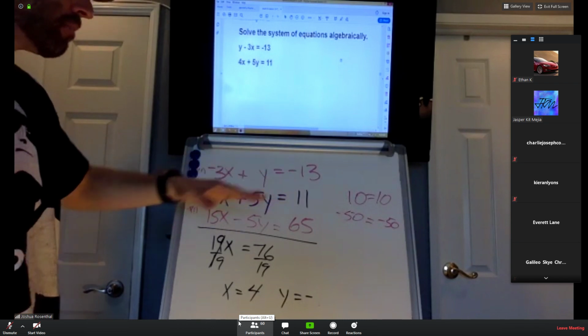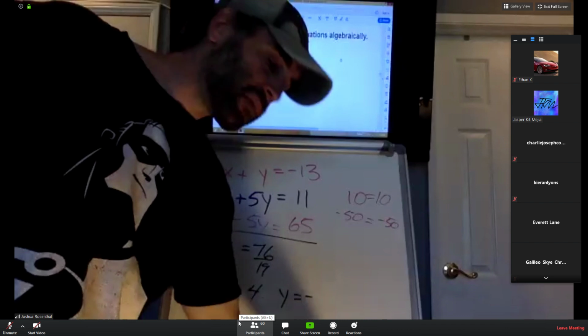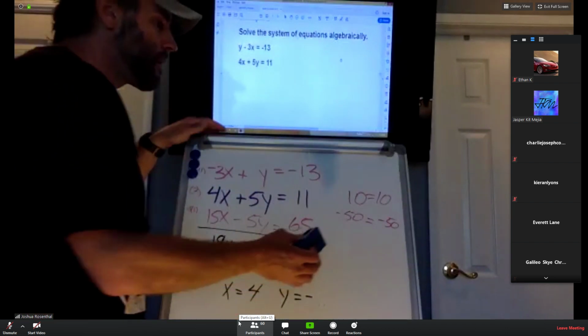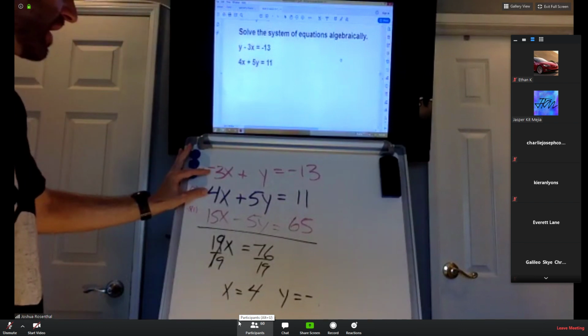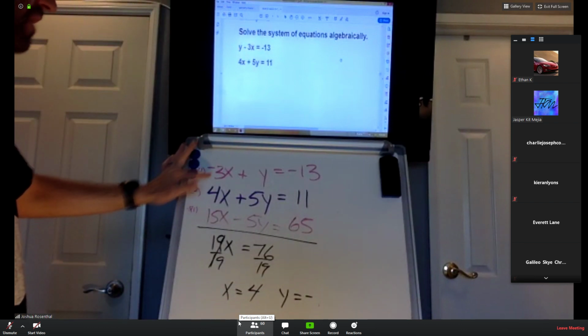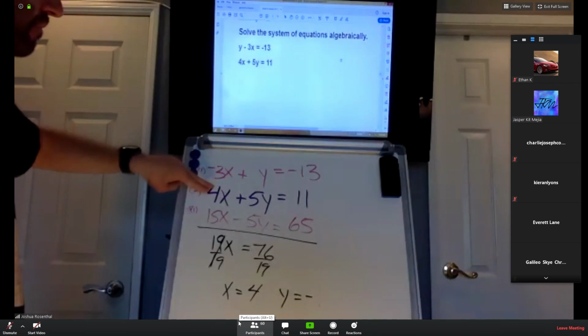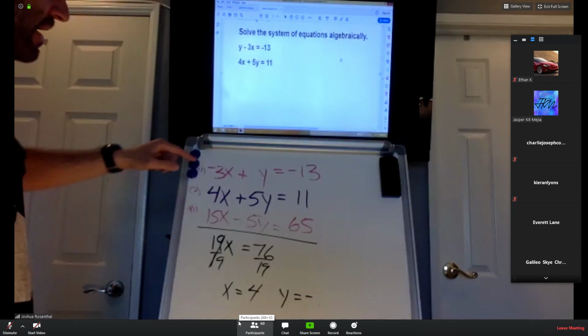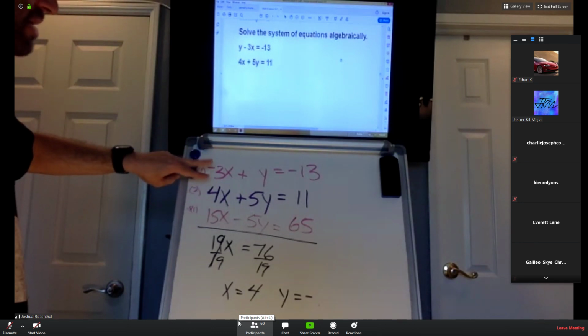I did not touch the purple equation. I could mess with the purple equation. I actually opened up by saying, in the beginning, I could have gotten the -3 and the 4 to both become 12 and -12. That would mean I can change the pink equation and the purple equation so that they match up as opposites.